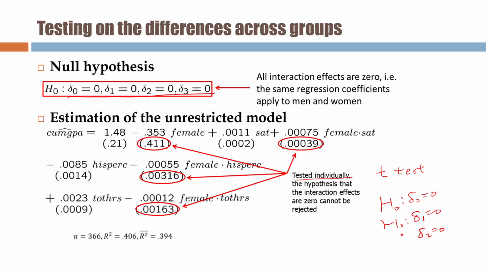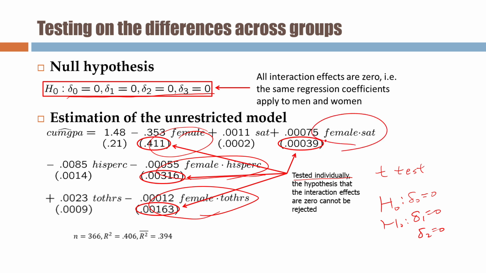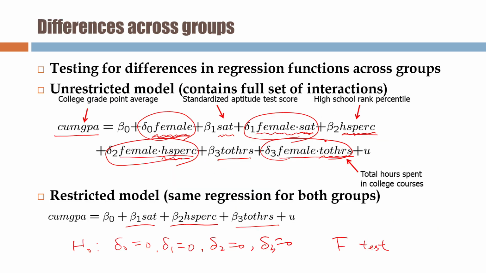All of them, we cannot reject. However, we want to know if there is a significant difference between female and male, and we take out all the female related parts. That's why we created a restricted model in the previous slide, right? And then we do the F test, and we can tell if there is any female effect or not.